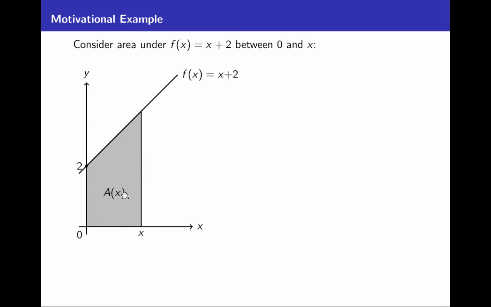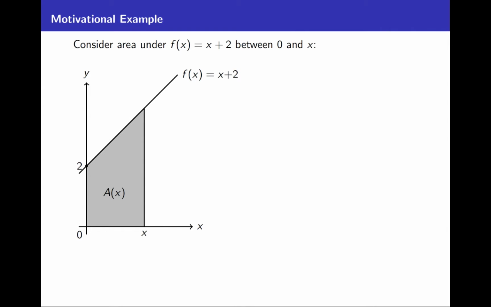So this area under the curve would actually be a function A of x. For any x value, A of x is the area in square units of this shaded region. So as x gets big, A of x is getting bigger and bigger. If you decided to make x smaller again, then A of x would start getting smaller. A of x is just a function of x.